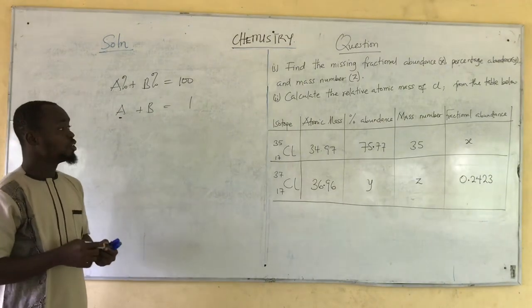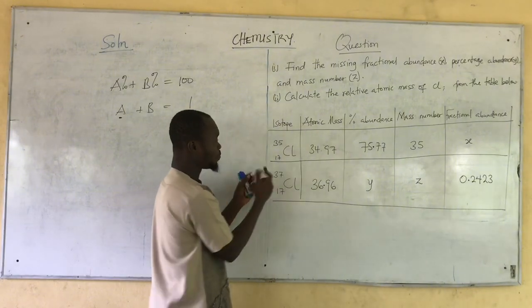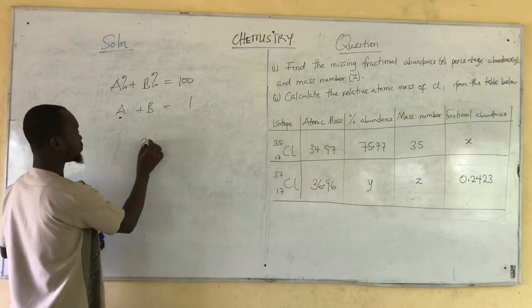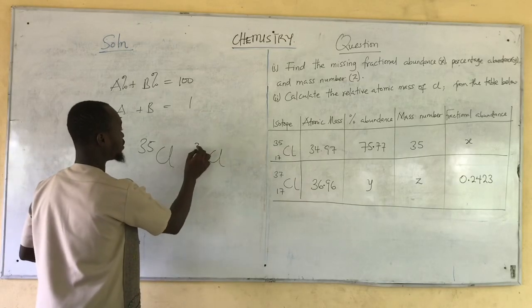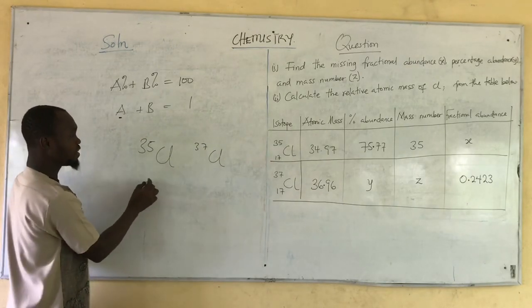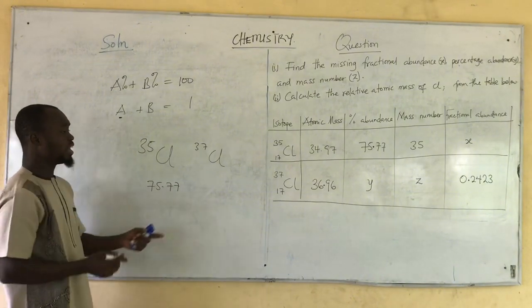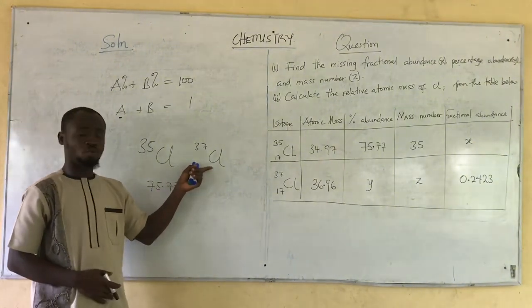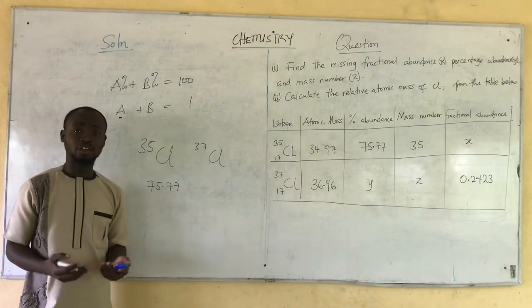Now looking at the question we have here, we have two isotopes, chlorine 35 and chlorine 37. The abundance for chlorine 35 was given as 75.77%. And that of chlorine 37 we don't know, and that is why we should calculate for that value. How do we get this value?